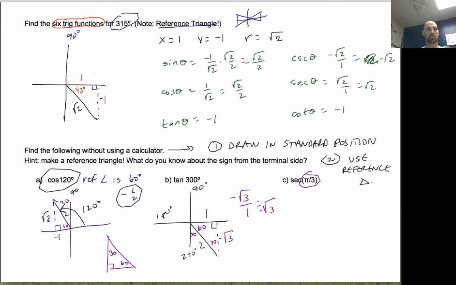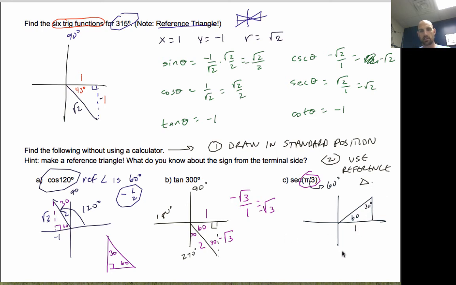Secant of pi over 3. The secant of pi over 3, and feel free to pause this, and when you come back I'm going to explain it. But when we start to do complicated ones using radians and functions that aren't on the calculator, we have to remember our principles. Draw in standard position. Pi over 3, where is that? Well, pi over 3 is 60 degrees. Okay, so 60 degrees is right here, which means that this would be 30.